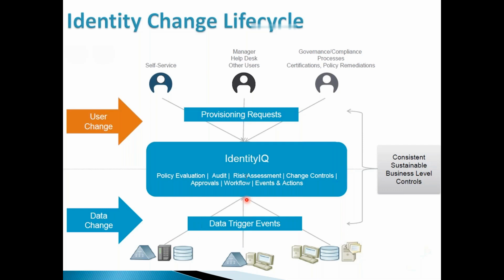In that scenario, let's say if the job title is modified, then we need to trigger a certification. I already showed you that. That is called a data change, and based on that data change we need to go and do some action automatically. In that scenario we will have data trigger events, and those events will provision the data in IdentityIQ. So there are two things: one is the user change, another one is a data change.